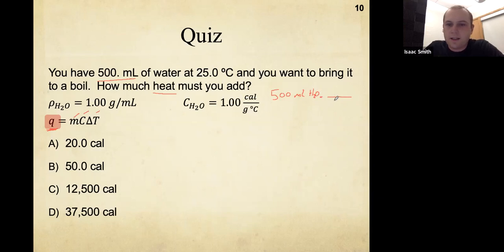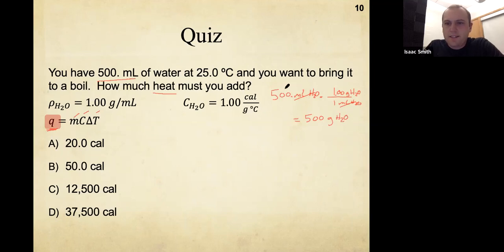So we can say 1 milliliter is equal to 1.00 grams of water. Your units, milliliters, cancel out and you're left with grams of water. If you do this calculation, 500 times 1 would be 500, so that'd be 500 grams of water.